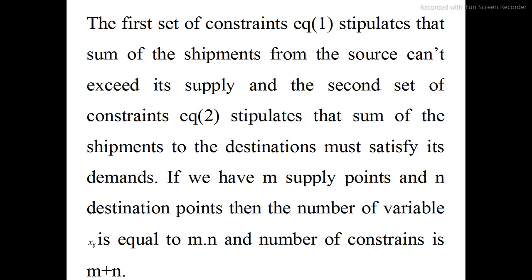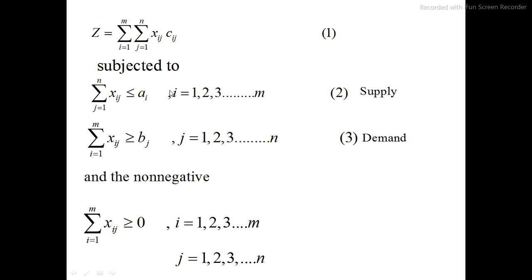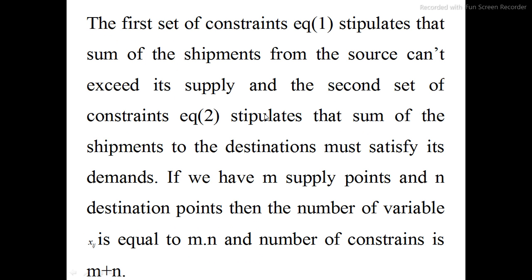That is the equation. It should be less than or equal to this supply. What we can supply from the source to destination, whatever is there with us, we can supply that quantity. And the second equation stipulates that the demand should be fulfilled. It should satisfy the demand at the same time.